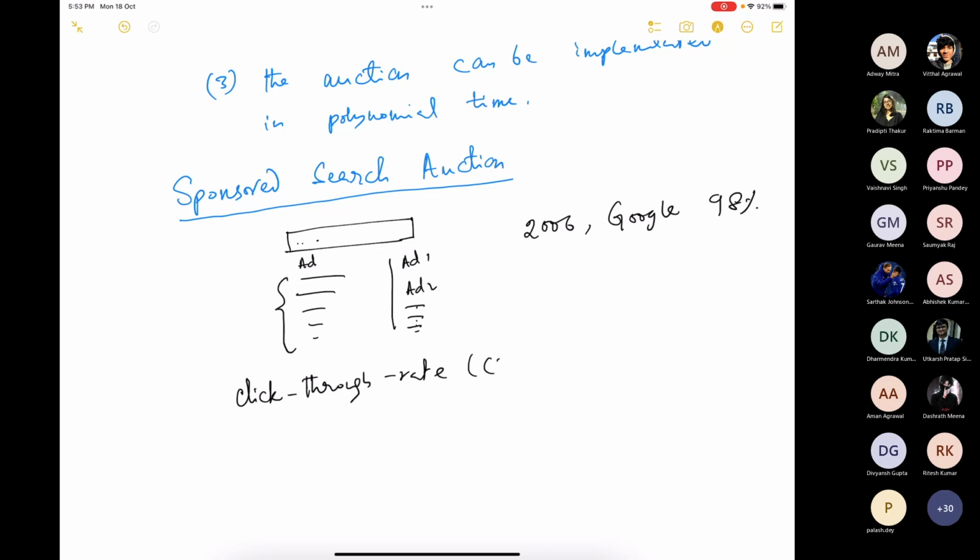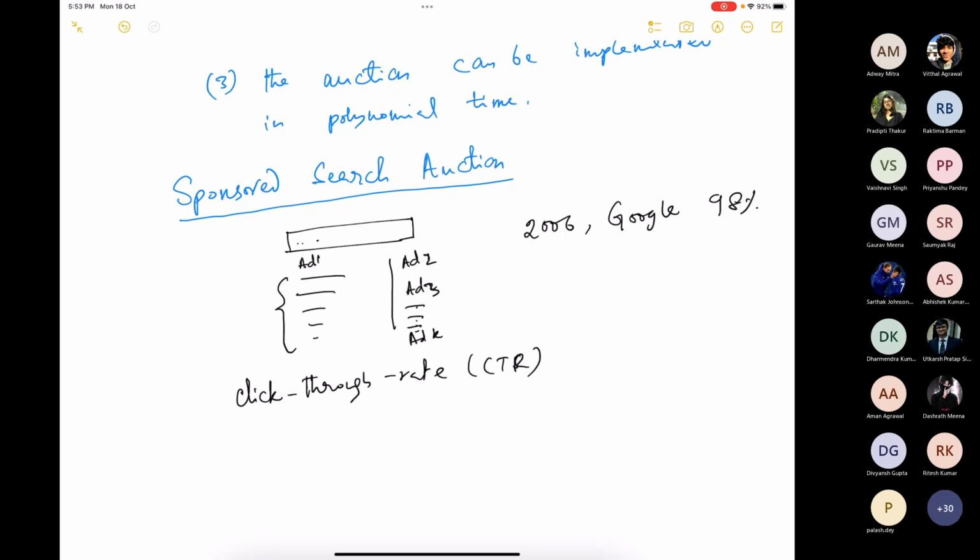Suppose I have k slots. Say this is ad 1, this is ad 2, ad 3, and this is ad k. There are k slots. That means k ads can be shown.